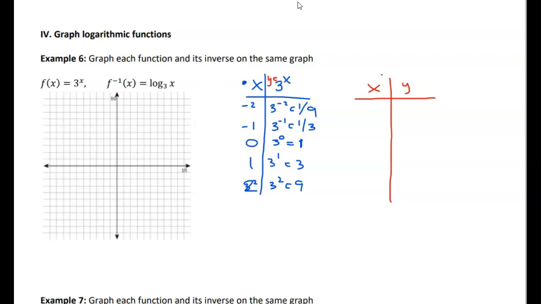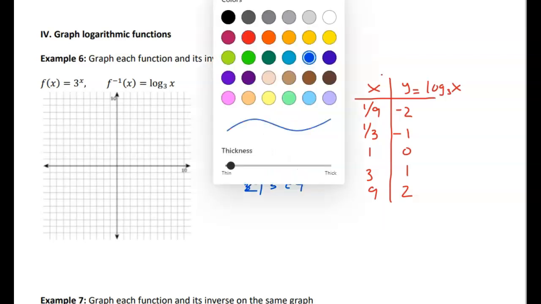So these x values go in the y column, and the values in the y column go in the x column. And now when you do this, you're graphing log base 3 of x. Exponentials and logs are inverses of each other, so do the table for the exponential and then switch the columns, and that will give you the table for the logs. Okay, so let's graph both of them on the same graph.